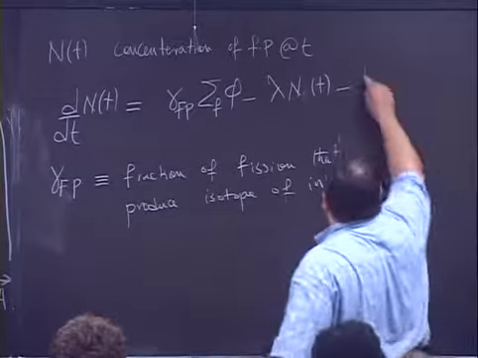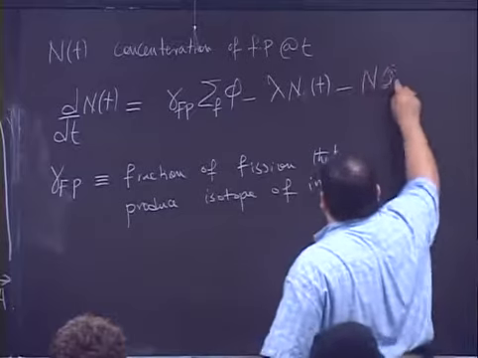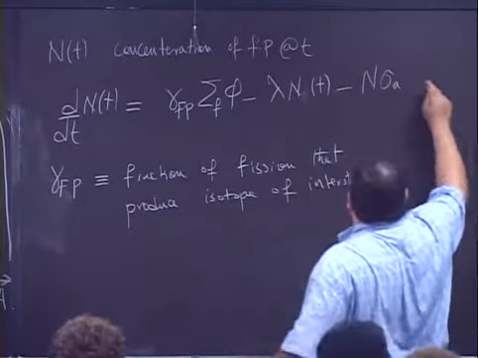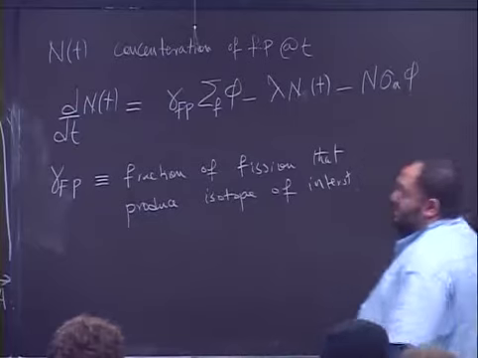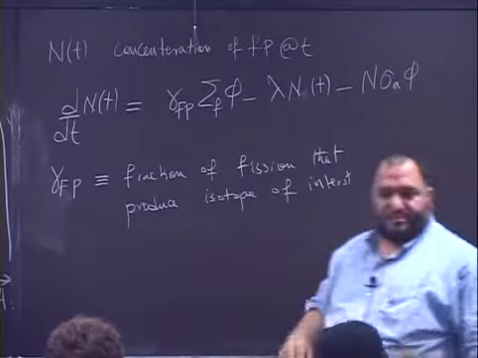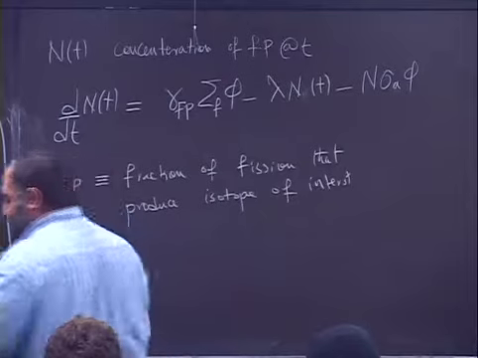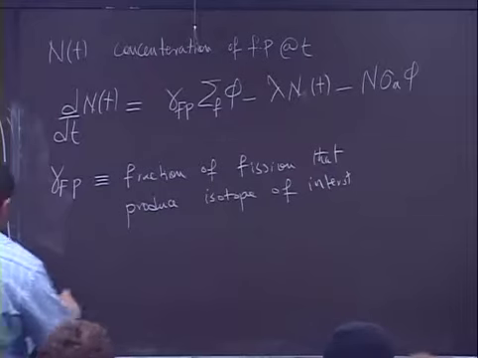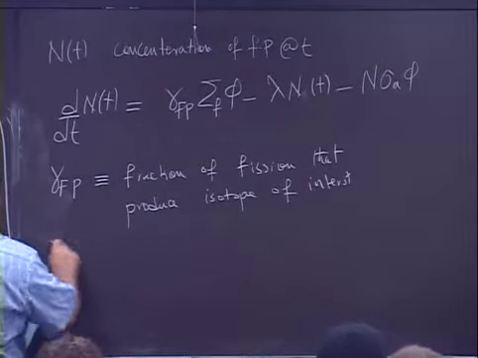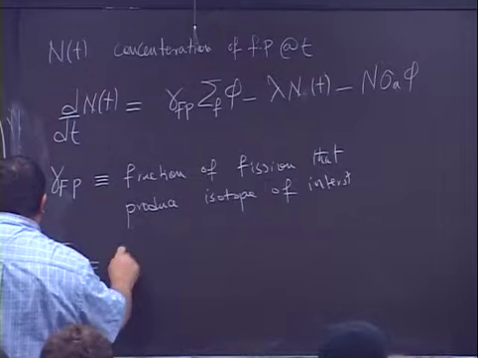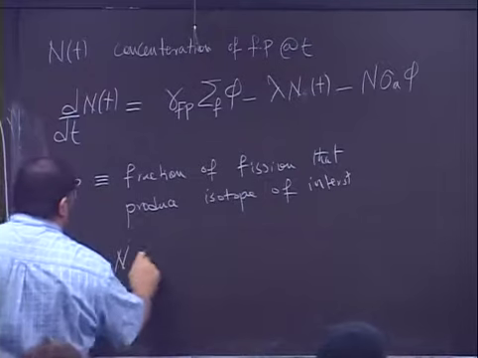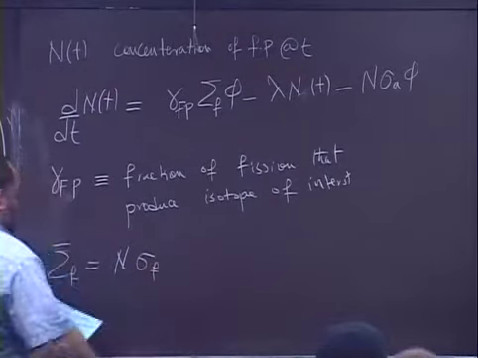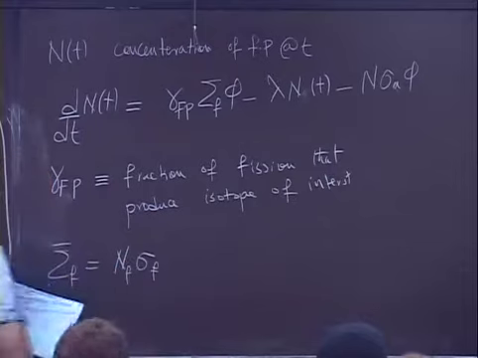So if this isotope has an absorption cross section, definitely it will be gone once you absorb this guy. So what's sigma fission? This is the average sigma fission, which is just N multiplied by the small sigma fission, and this is N for the fuel.